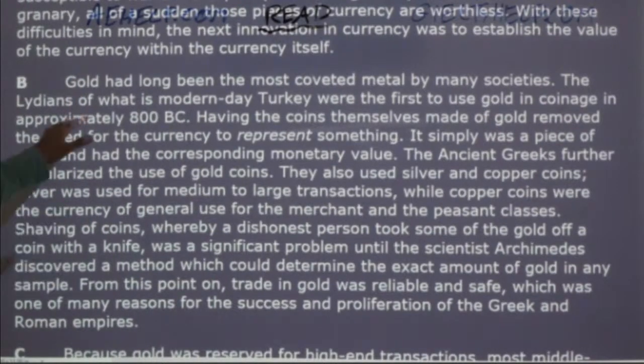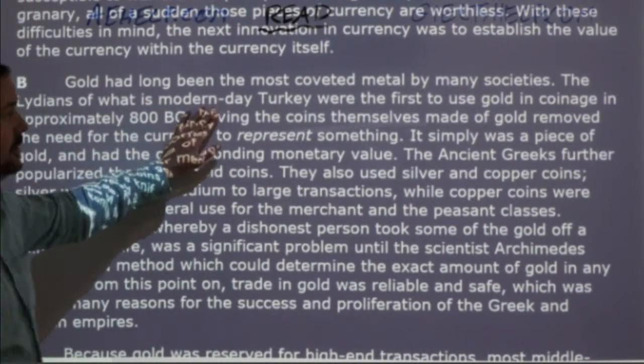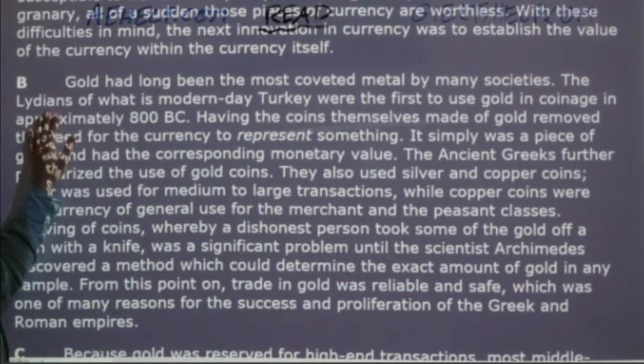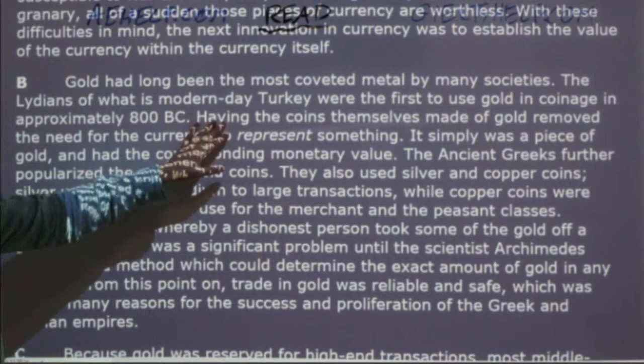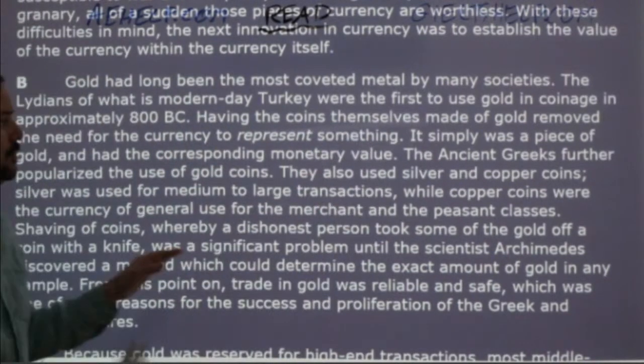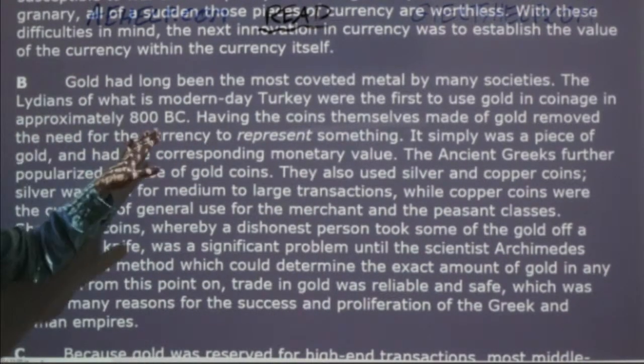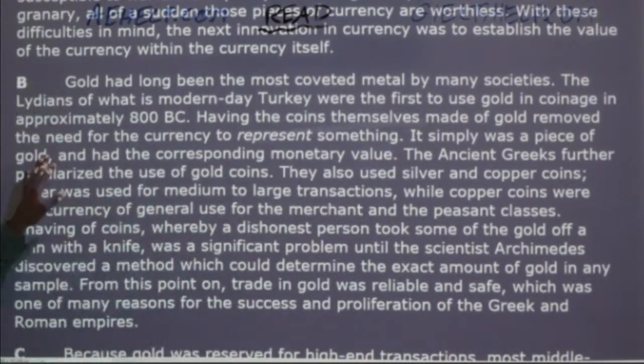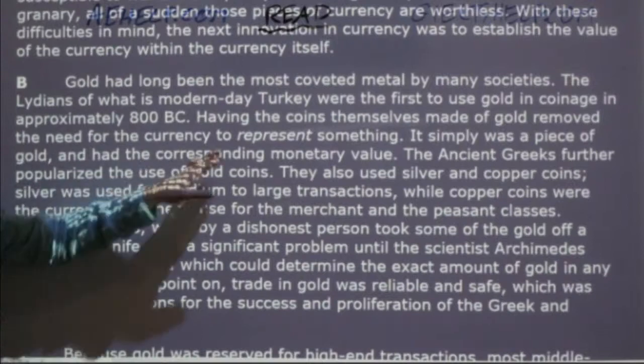Here we go. B. Gold had long been the most coveted metal by many societies. The Lydians of what is modern-day Turkey were the first to use gold in coinage in approximately 800 BC. Having the coins themselves made of gold removed the need for the currency to represent something.